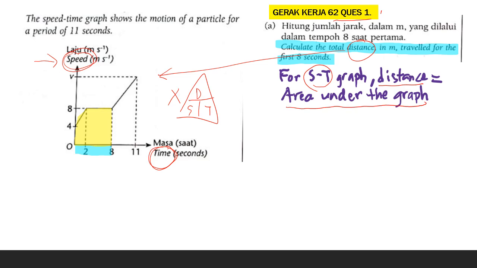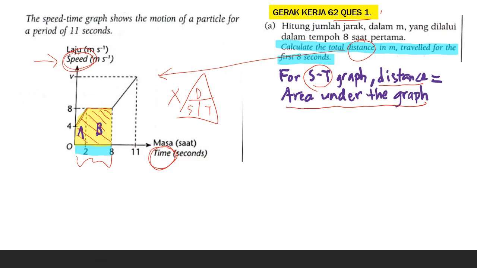So for the first 8 seconds, the graph for the first 8 seconds is here. So under the graph here, what shape do you see? Okay, you see two shapes, that is A, a trapezium, and B, a rectangle.